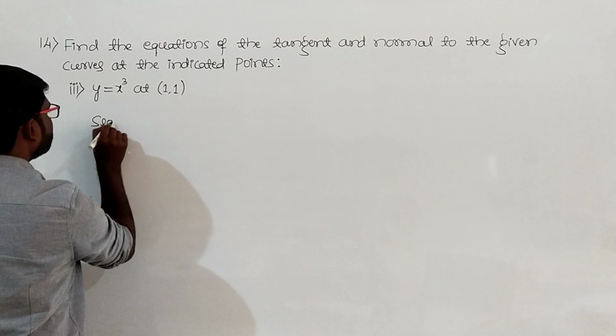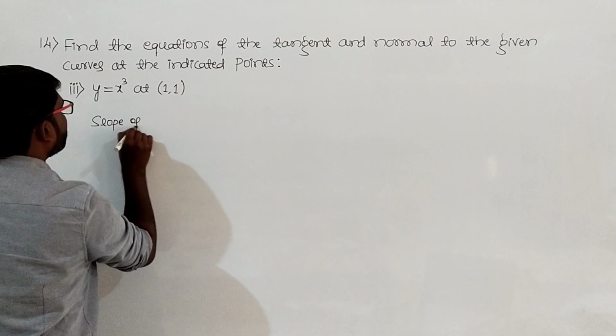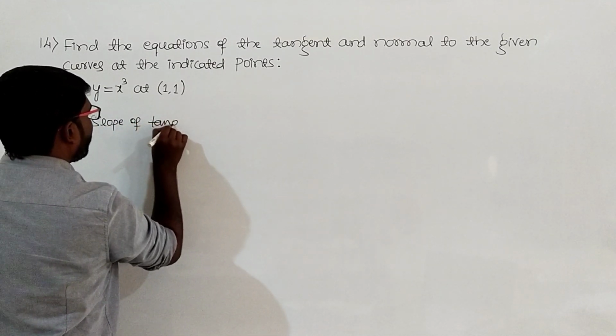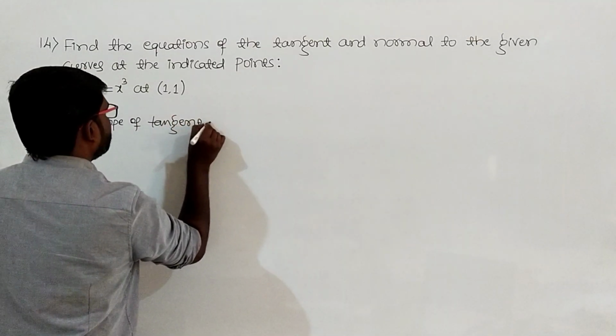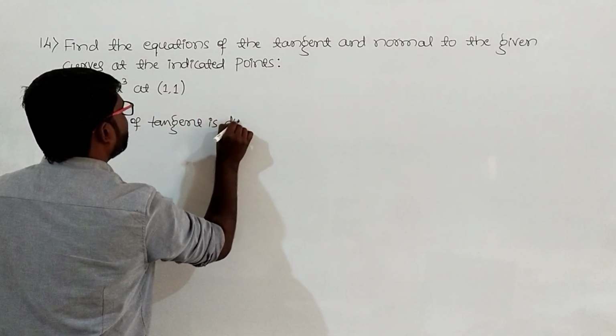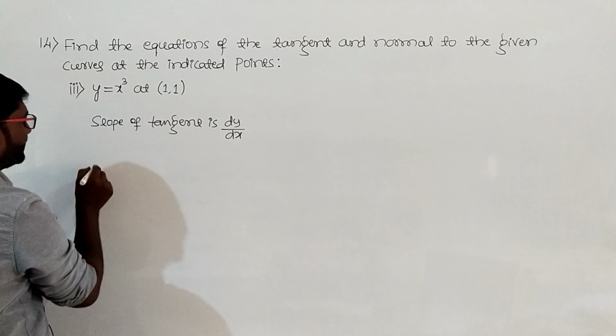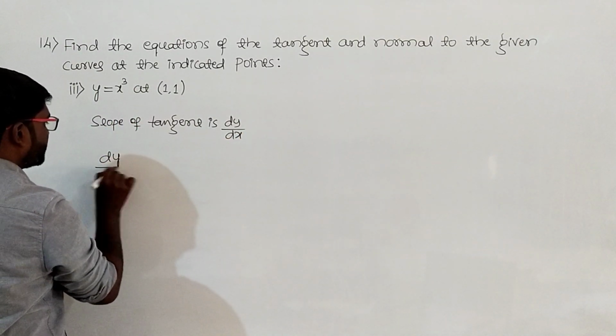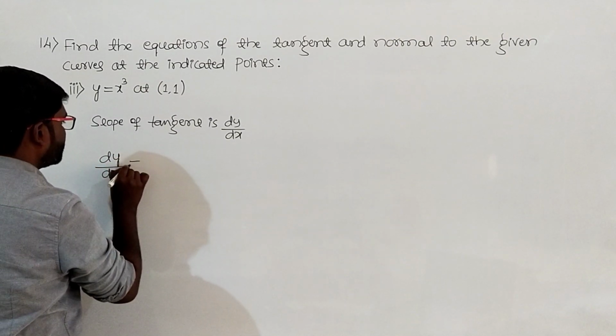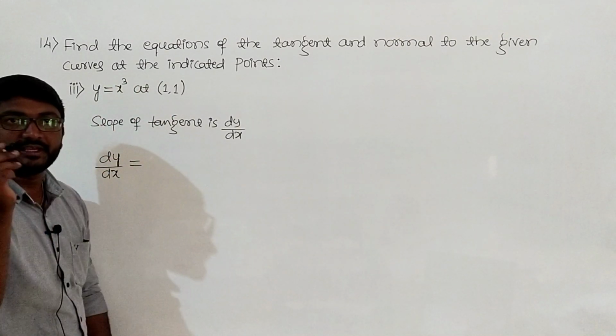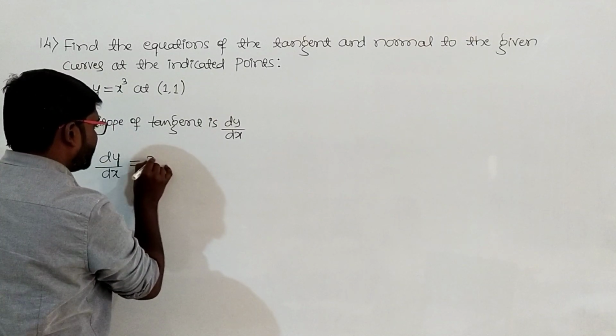Slope of tangent is dy by dx, which is equal to, what is the derivative of x cube? It is 3x square. So we get 3x square.